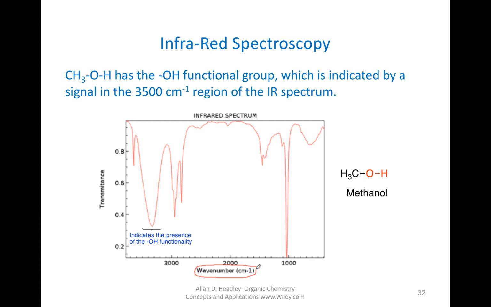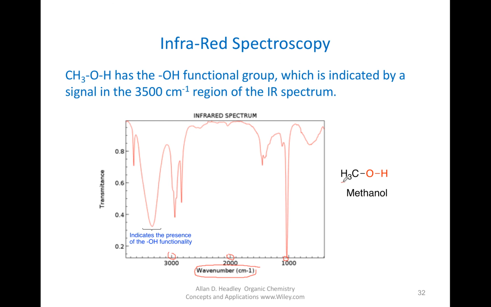And what it does is it can produce energy at specific regions of the infrared spectrum, of the electromagnetic spectrum. So at specific regions here, such as 1,000 reciprocal centimeters, 2,000 reciprocal centimeters, 3,000 reciprocal centimeters, it can give energy in that region.